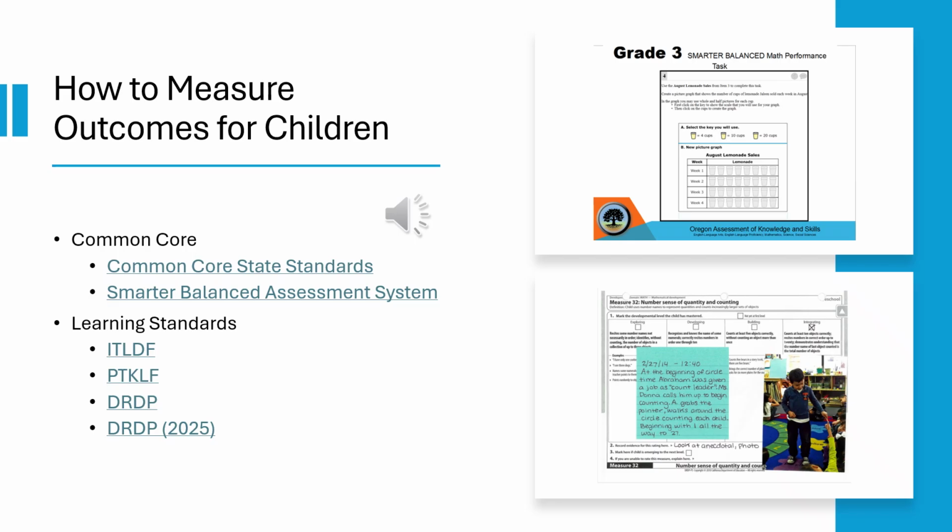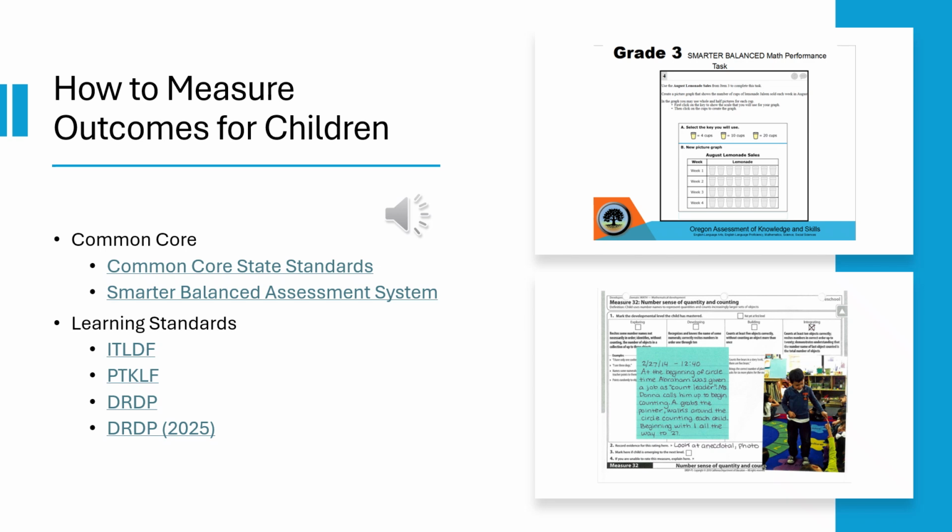So these are things that infants and toddlers should be learning and doing in their early childhood classrooms. And then we also have the Preschool Transitional Kindergarten Learning Foundations. Those learning foundations are ones for kids in pre-K and TK, and that shows what children at those two ages or grade levels should be doing.